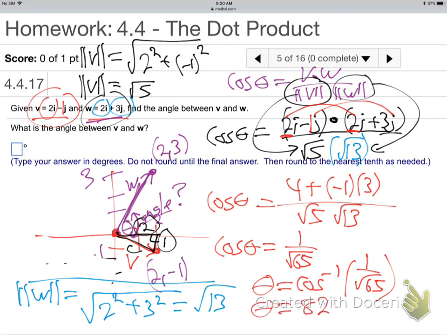Round to the nearest tenth, so 82.9 degrees. We good? It's almost 90 degrees. Looks like it's almost 90, doesn't it? It's not quite 90.